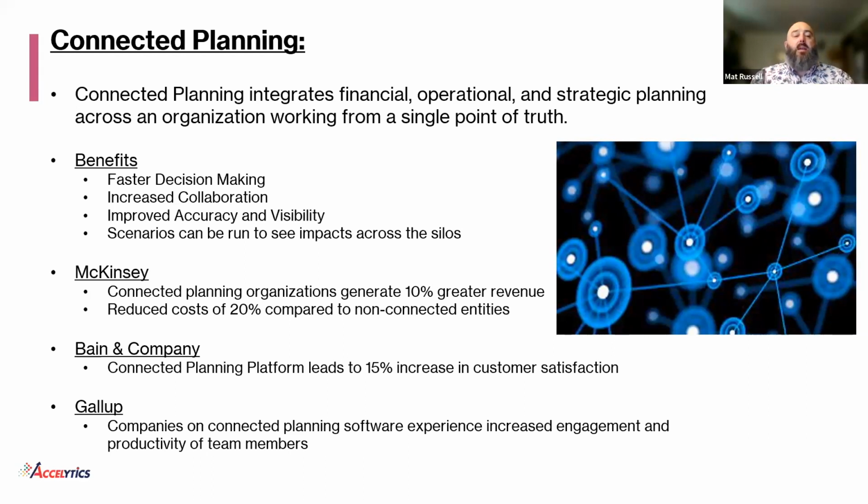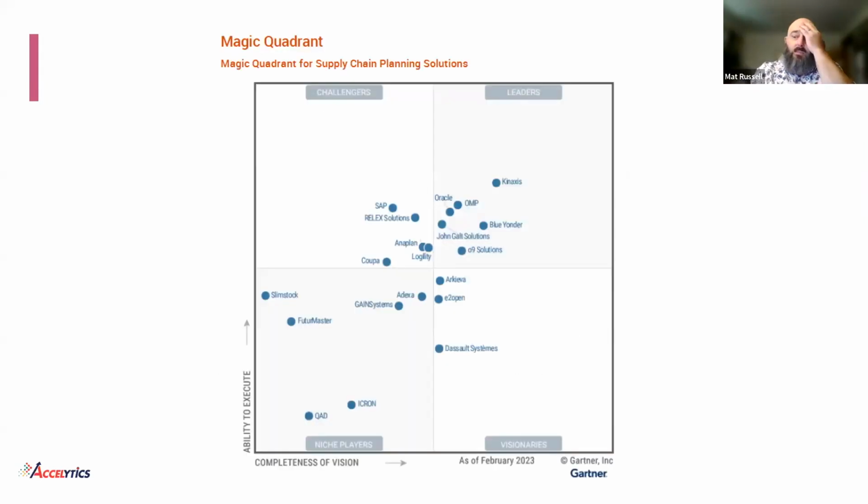I think of connected planning as that S&OP meeting brought down to the boots on the ground, daily life decisions that buyers, planners, purchasing agents have to make each and every day. It lets them see that impact across the organization in real time. The industry research done by Gartner is an excellent way to compare systems from a strategic perspective.